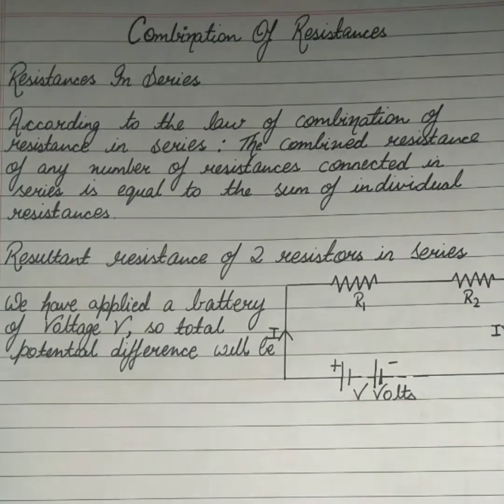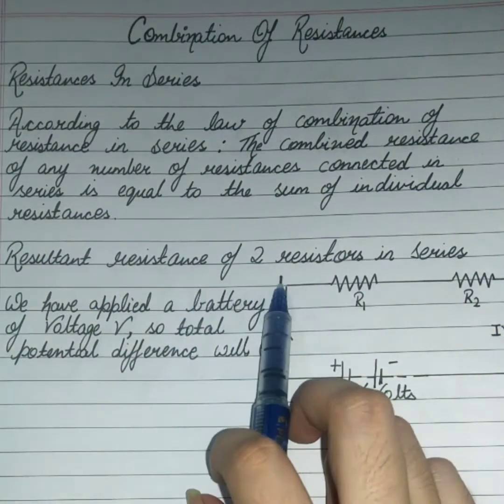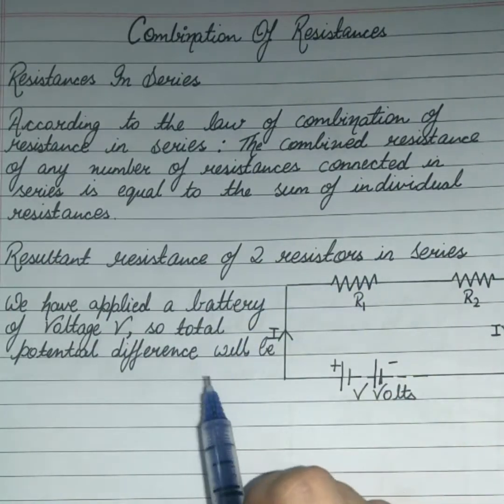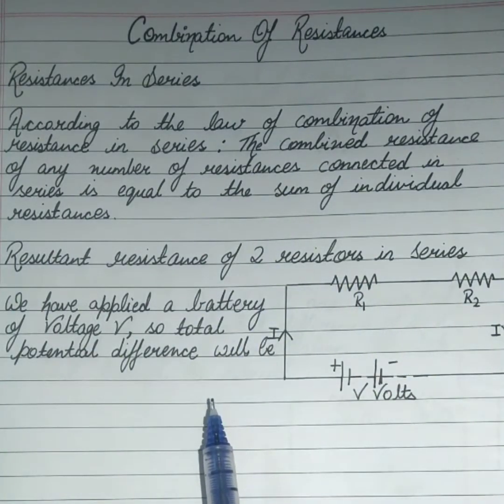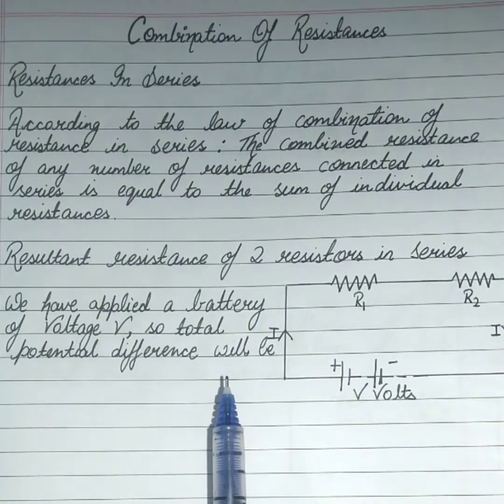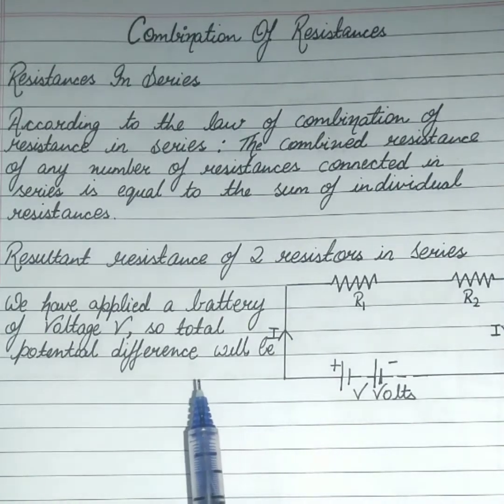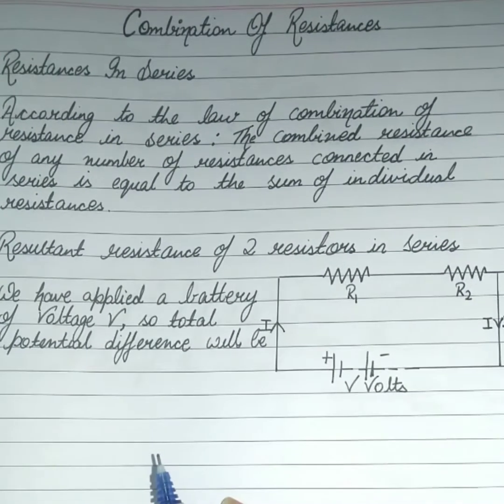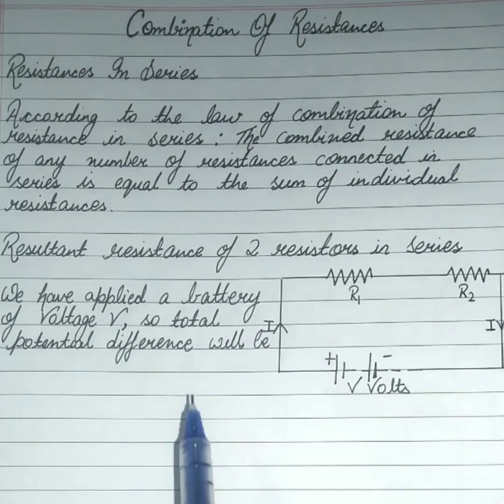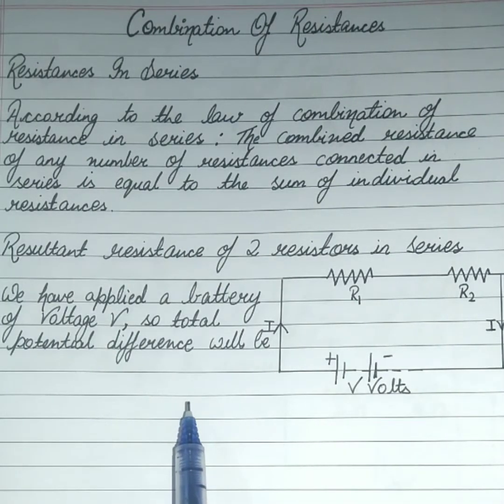Now I'll show you how we can derive the resultant resistance of two resistors in series. This is one of the most important topics of electricity in boards. So we'll be considering this electric circuit which will help us clear our concepts.